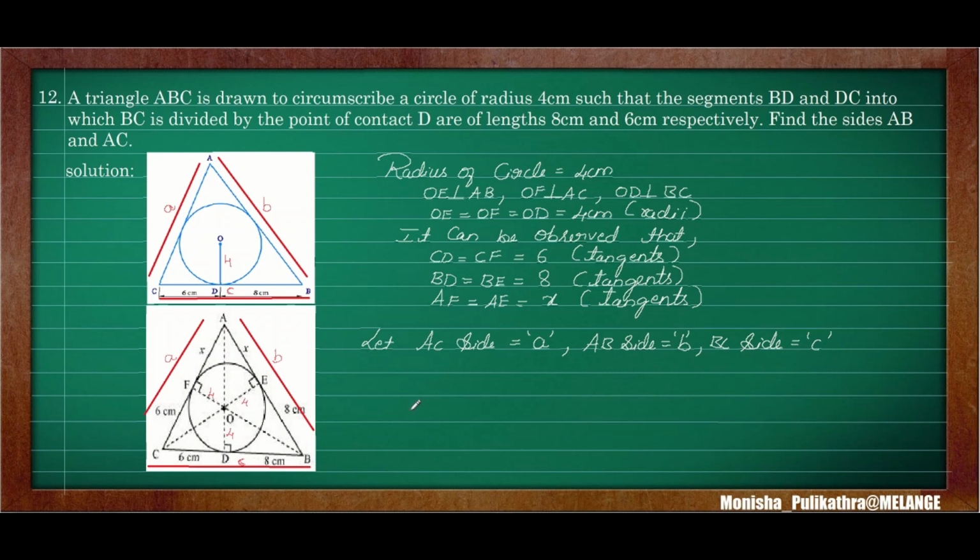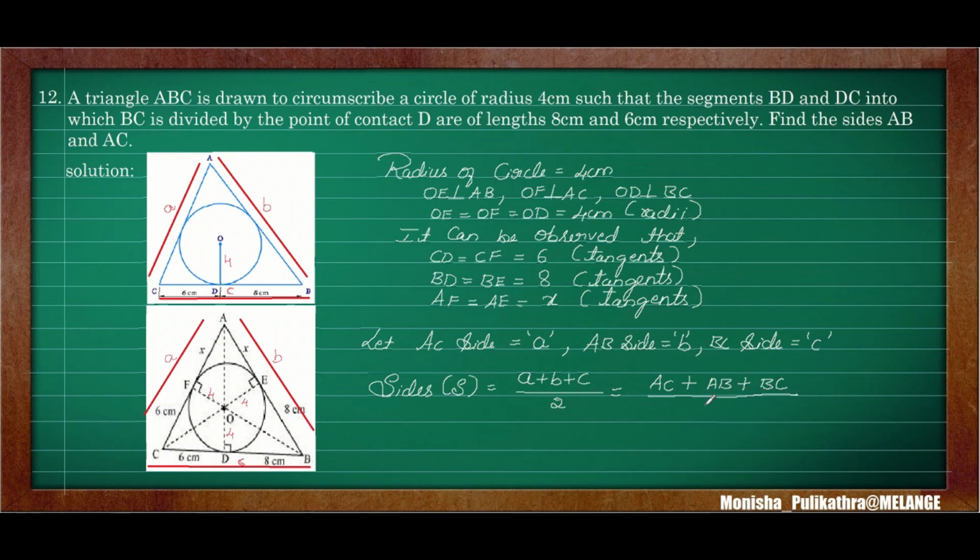So next, going on to the problem. First we need to find out the semi-perimeter. The semi-perimeter is represented by the symbol s. So s is equal to a plus b plus c, whole divided by 2. Here a is AC, b is AB and c is BC.